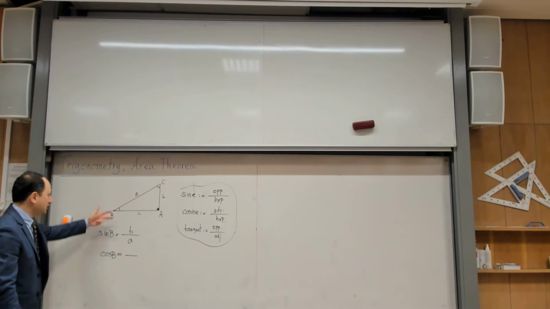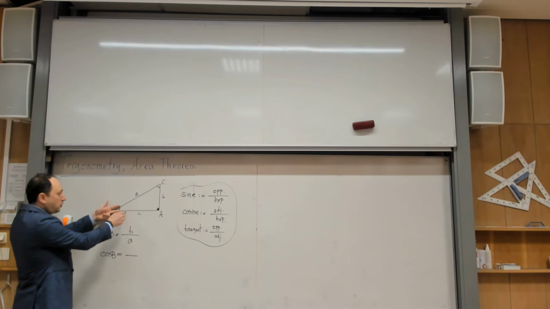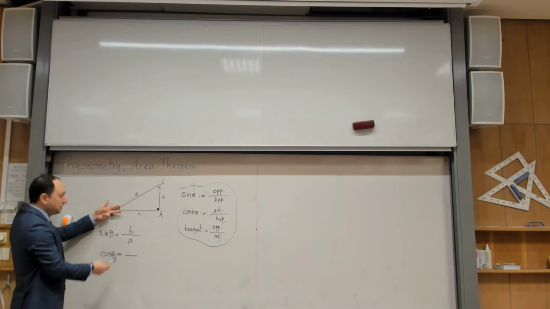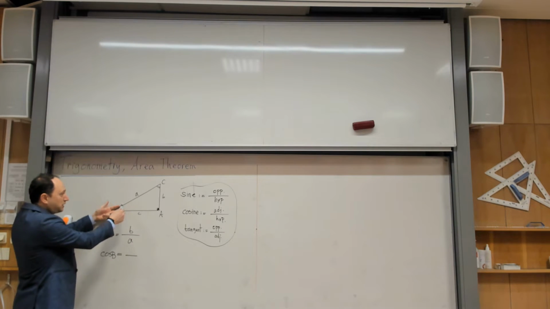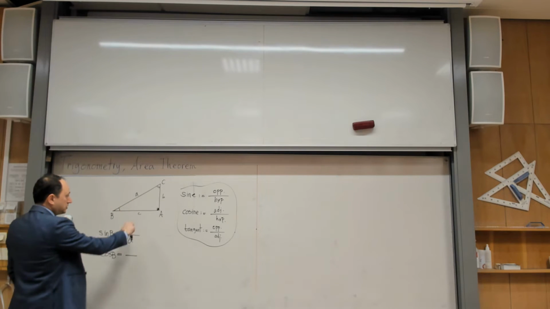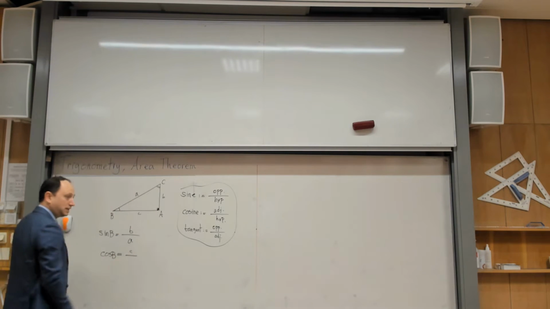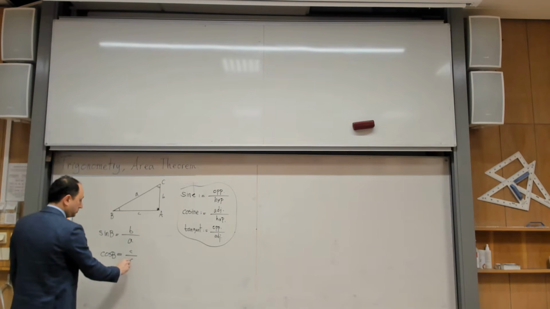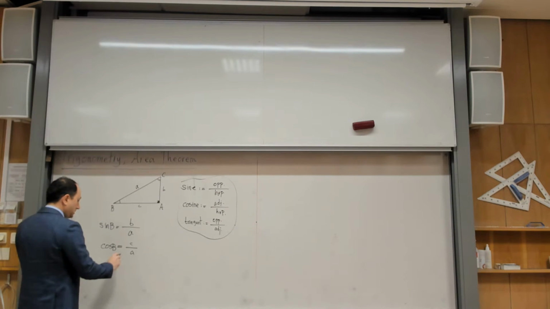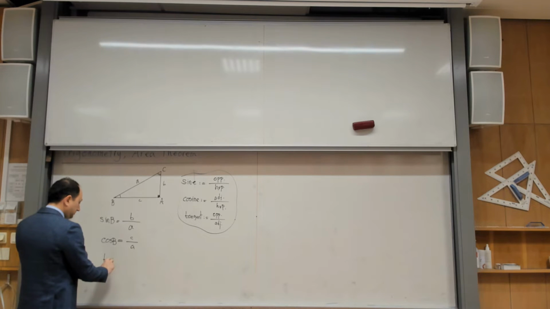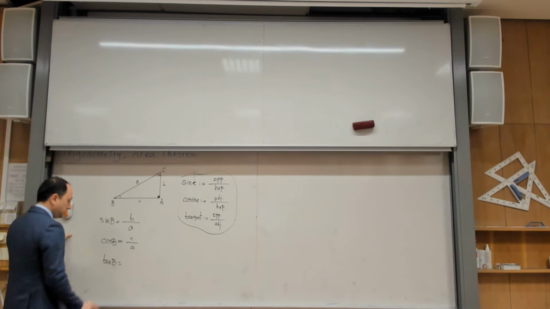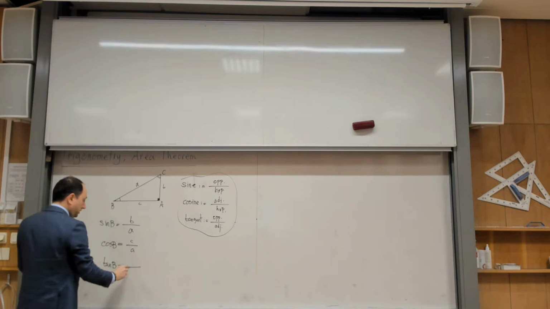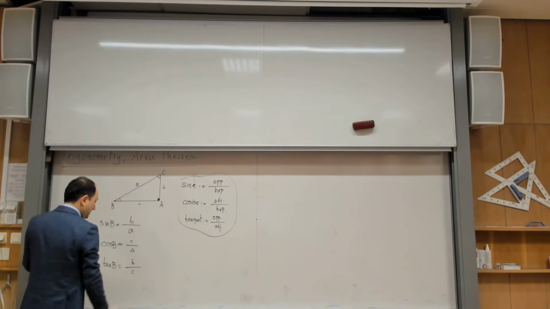So when I say adjacent, even though technically both of them are adjacent to this angle, I mean the one which is adjacent and is not the hypotenuse. So there's only one option left, and that is c divided by the hypotenuse. And then you have tangent of B. The tangent of B is the opposite divided by the adjacent. For the same reason, adjacent is c, not a.